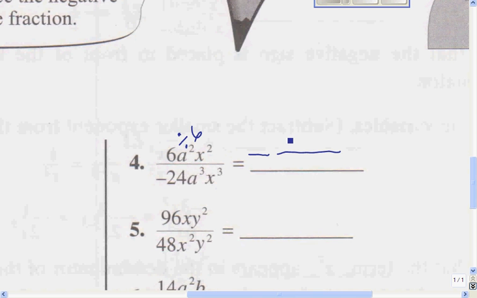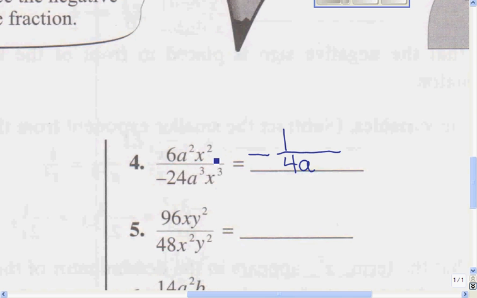6 divided by 6 is 1. And then I'm going to divide this by 6. And to get my answer, I ask myself, well, what times 6 equals 24? 4. So I'm going to put a 4 here. 6 times 4 equals 24. So that's my answer for my numbers. Now I'm going to do my variables. 3 minus 2 is a to the first, and since the larger exponent is in the bottom, I'm going to leave my variable in the bottom.